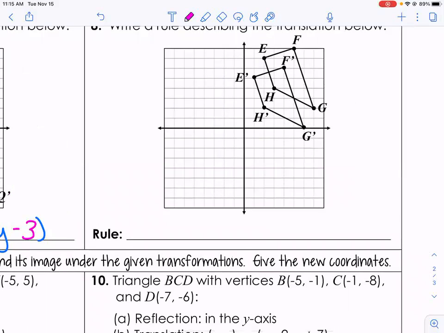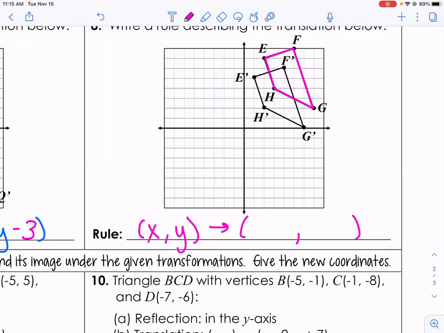Okay, how about this one? This guy right here is our original shape. Please just describe to me how to get to the other shape.